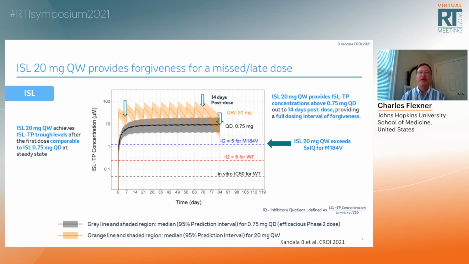It shows that even if the drug is not taken for 14 days after a 20 milligram dose, the range of islatravir triphosphate concentrations still greatly exceeds the inhibitory quotient for both the wild type virus and for drug-resistant virus harboring the M184V mutation, which is the major drug resistance mutation for islatravir.